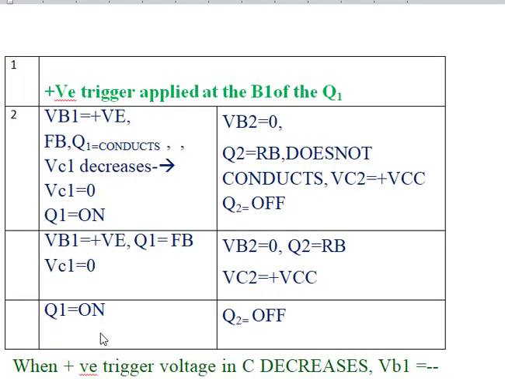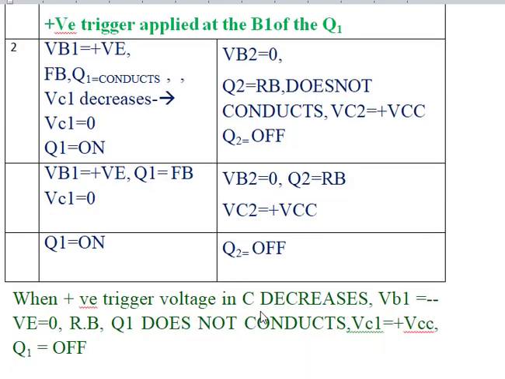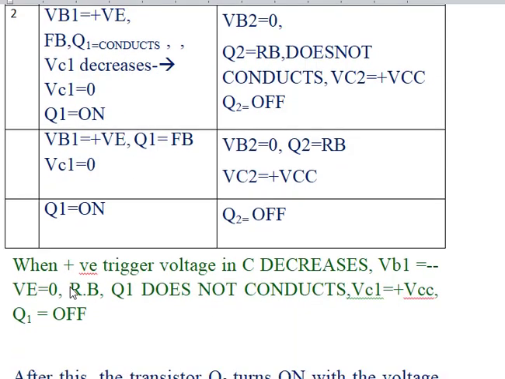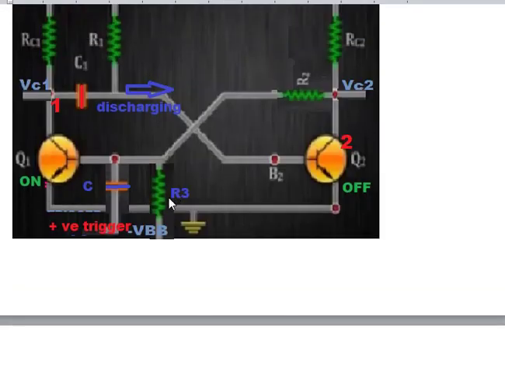Now the Q1 is shifted from off condition to on, Q2 is shifted from on condition to off. Now the positive trigger voltage in the C decreases, where here already we have applied a positive trigger. Once it's charged, it then starts to discharge.